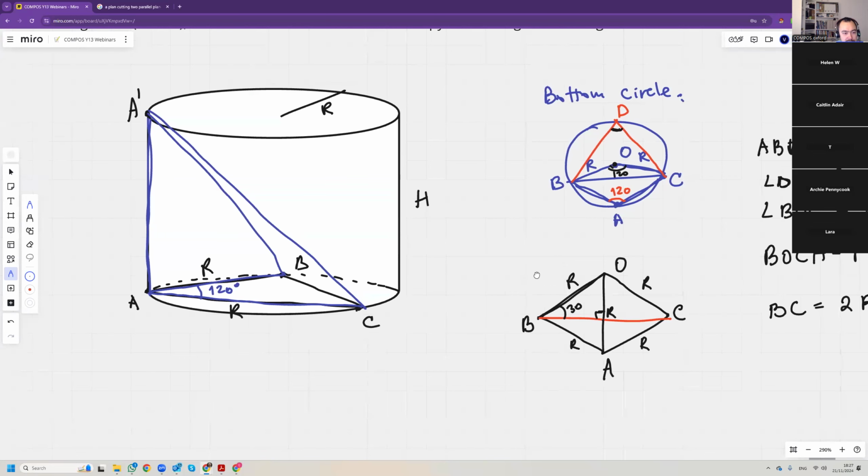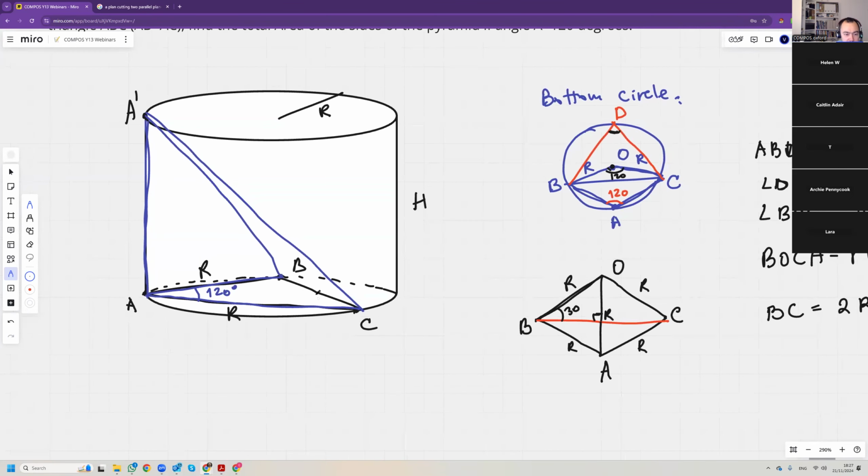What else? We can find the area of A1BC. Can we find the center of BC? We certainly can.